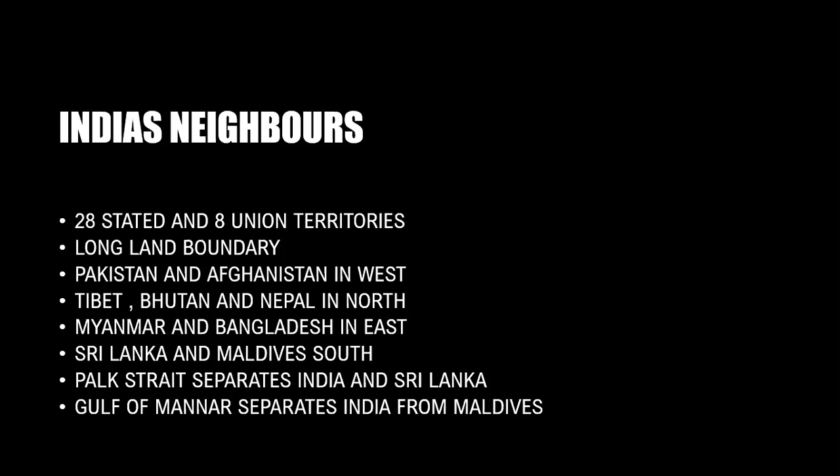The maritime location of peninsular India has provided links to its neighboring regions through air and sea routes, and these routes have contributed largely to the exchange of ideas and commodities. India has 28 states and 8 union territories. Sri Lanka and Maldives are the 2 island countries located in the Indian Ocean, which are India's neighbors.